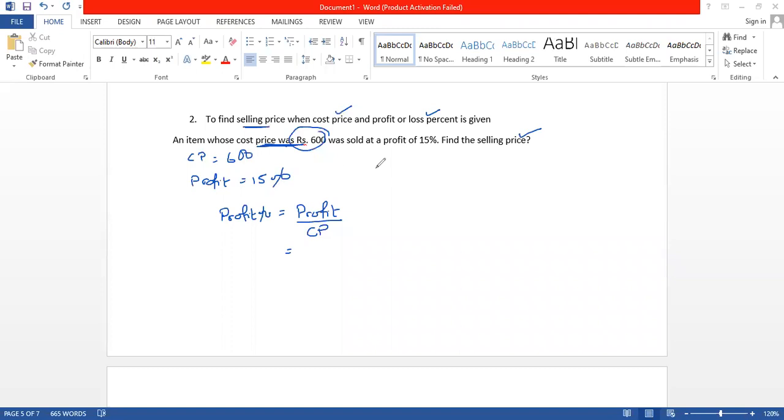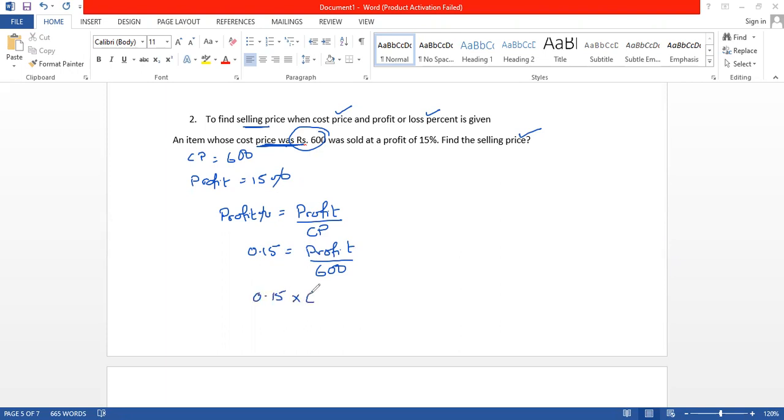Now over here, the profit percentage is 15, so you have 0.15, and profit, we do not know what that amount is, but we know that the cost price is 600. Now notice over here that because I did not multiply it by 100, I wrote it in decimals. So if you're not going to multiply it by 100, do not write it in percentage.